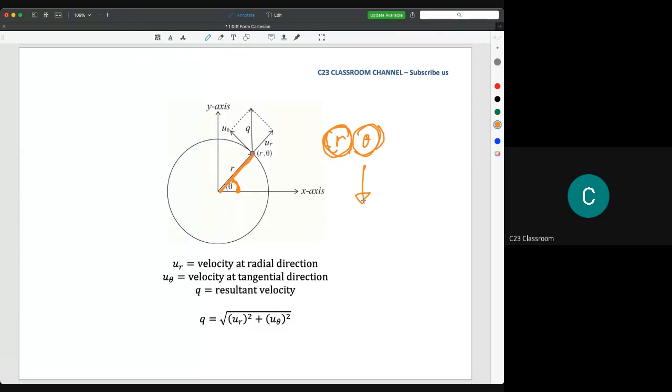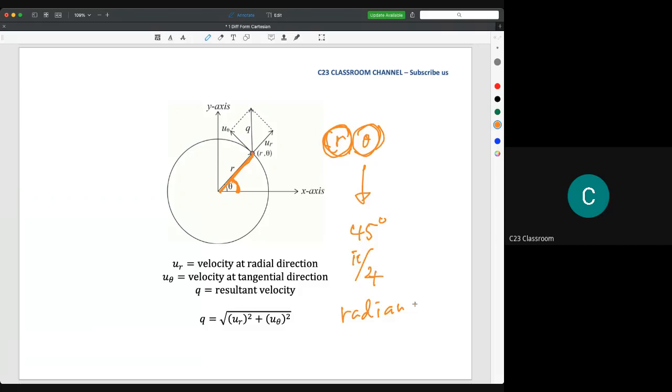For example, you may write 45 degrees, or you may write pi over 2, or pi over 4, and so on, or you may write in radians. Please be careful, you need to do your homework. You need to study how to convert 45 degrees into pi, and how to convert pi into radians, and so on. These are the common terms used in polar coordinates.